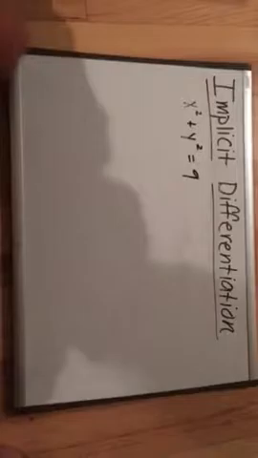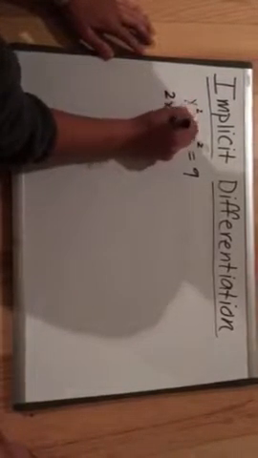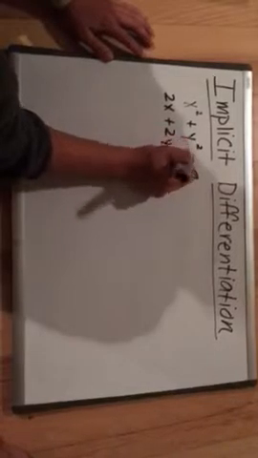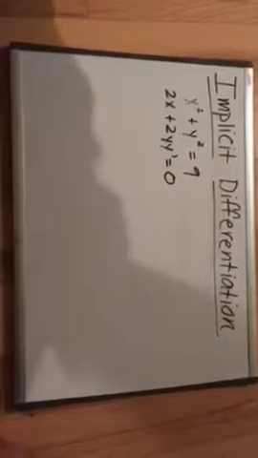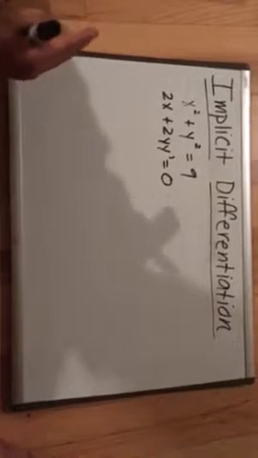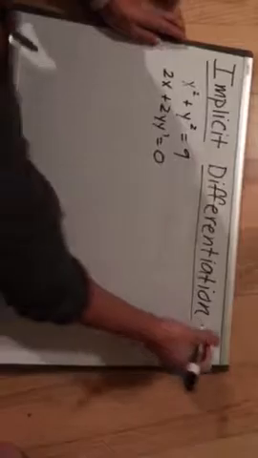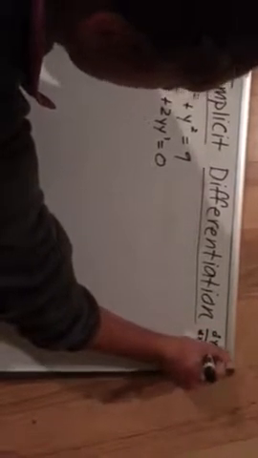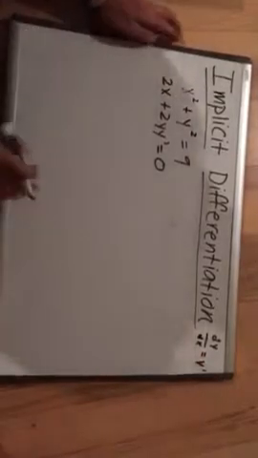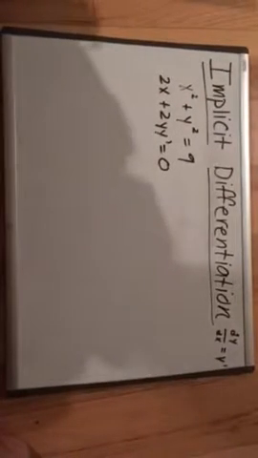For this equation, you will just find the derivative of both sides, which is 2x plus 2y prime equals 0. And this y prime comes from finding the derivative of the equation with respect to x. So this can also be written as dy over dx. It equals y prime. So for this video, I will be writing y prime instead of dy over dx.